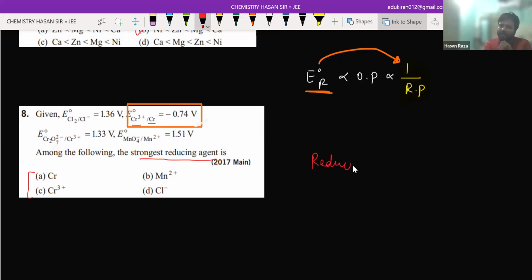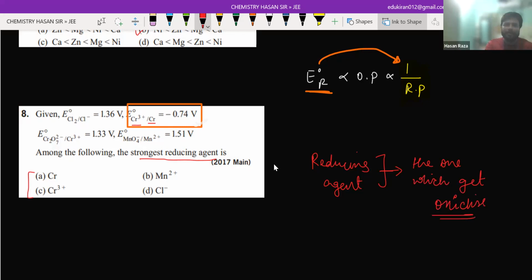What is a reducing agent? The one which gets oxidized, which has oxidation, is known as the reducing agent, and the one which gets reduced is called the oxidizing agent, right? Oxidized means oxidation taking place.